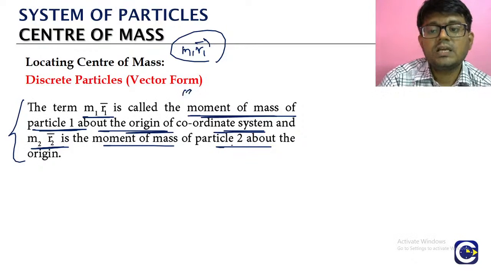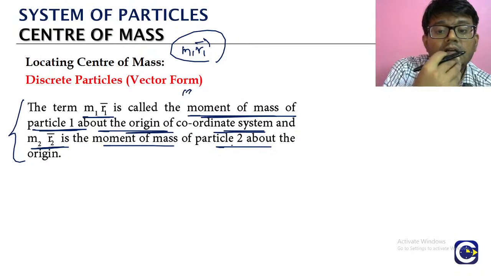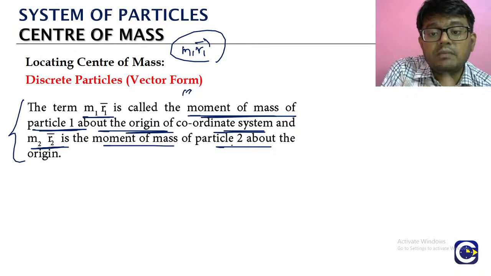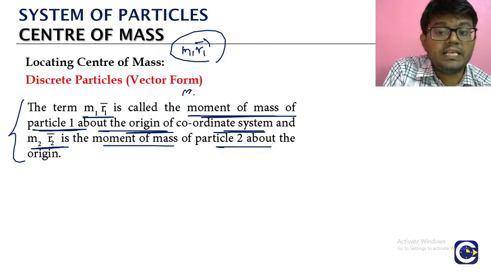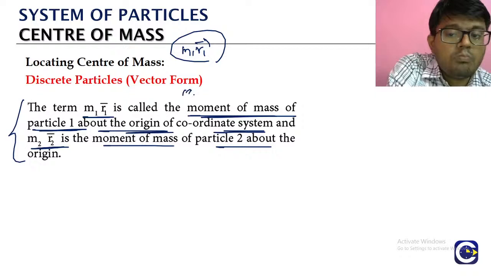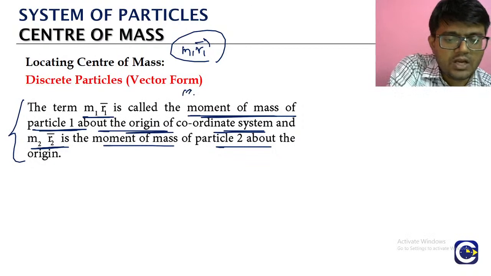If you have a third particle, m3r3 bar is the moment of the third particle about the origin. This is an important term that we'll keep using: moment of mass of the particle about the origin.